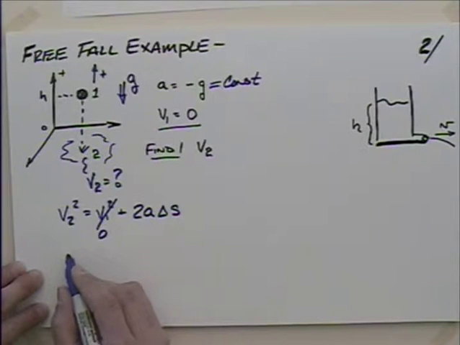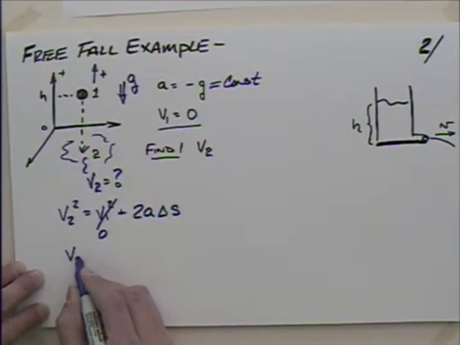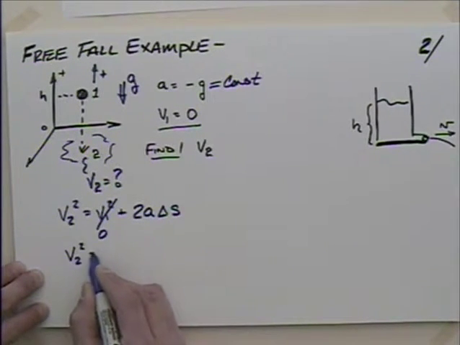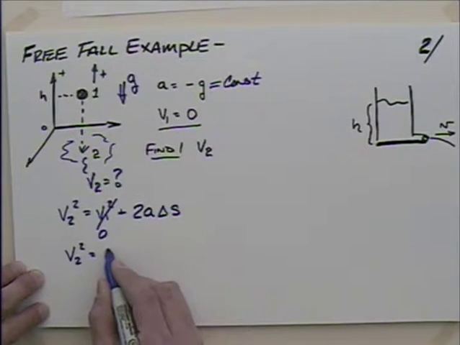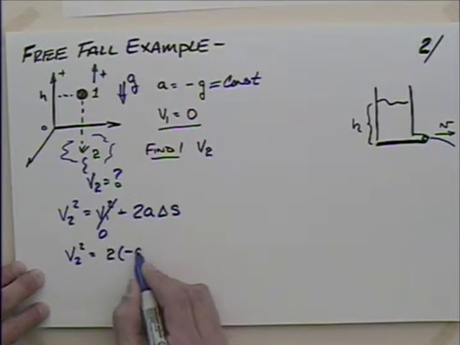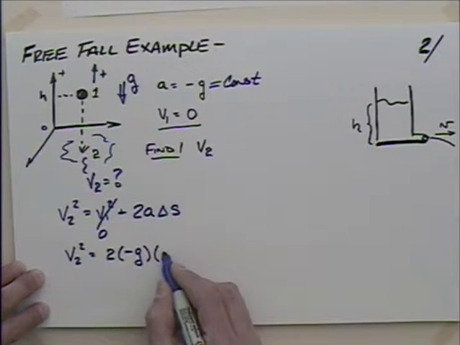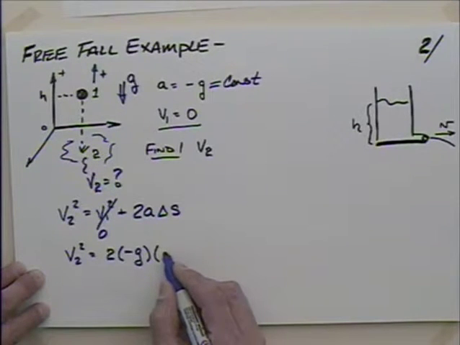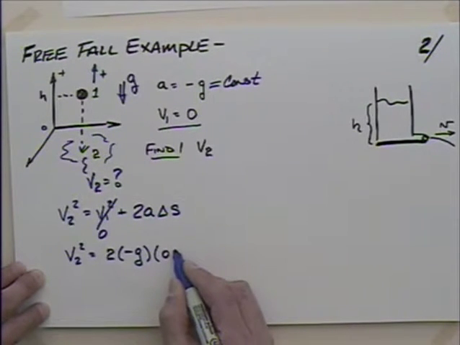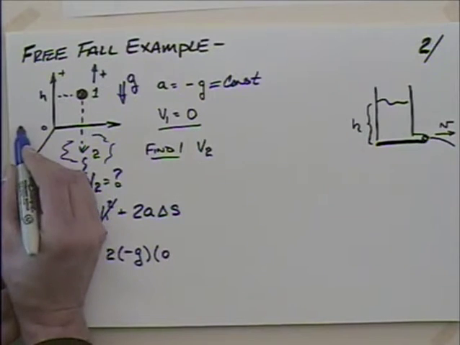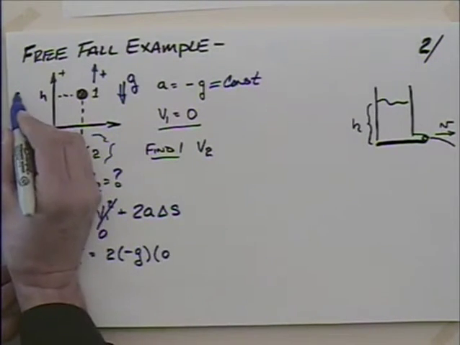So I can say then that v2 squared is equal to 2 times minus g, that was our acceleration, times our displacement. We're going to go from 0 to h, or s2 is 0. This would be s2, and this would be s1.